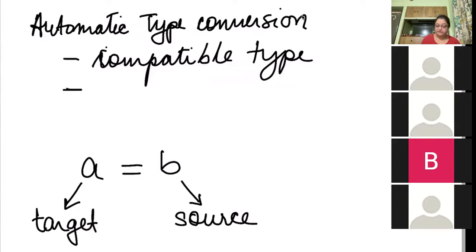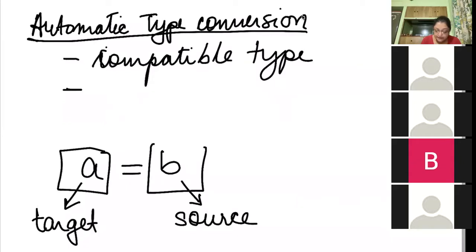In order to have automatic type conversion, first of all, A and B must be compatible, and the size of the destination, that is the target, should be larger than that of the source. So the size of A must be bigger than the size of B.